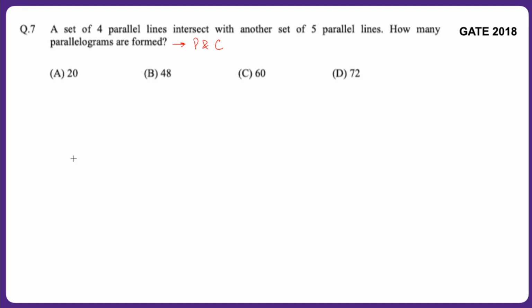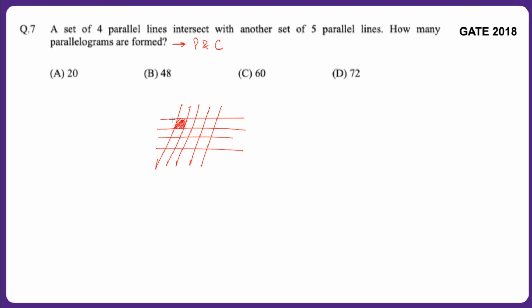Now, to understand it, you can either try to draw it, people tried also in the exam. So 4 parallel lines intersecting with 5 parallel lines, but now it becomes very difficult to count, and come up with the correct answer, but I'll tell you how to do this. Just understand that if a parallelogram is formed, let's say we are looking at one of the parallelograms.